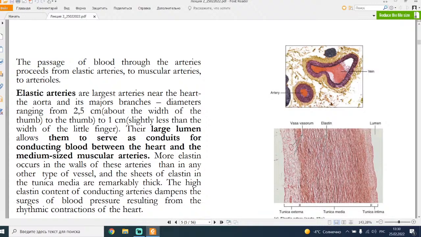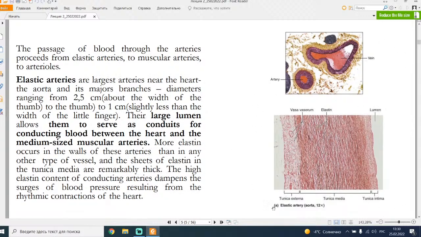The passage of blood through the arteries proceeds from the elastic artery. What you see is the wall of an elastic artery, the aorta, for example. Elastic arteries are the largest arteries near the heart, the aorta and its major branches, with diameter ranging from 2.5 centimeters to 1 centimeter.